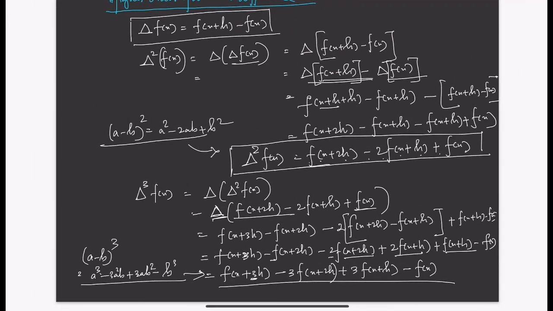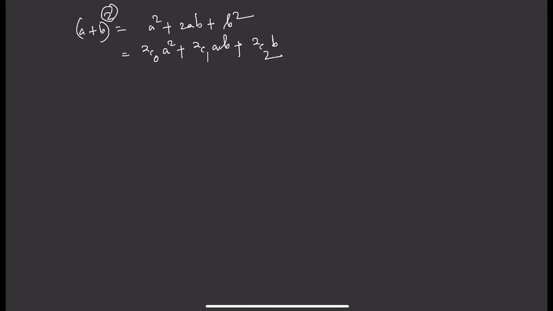So here one general formula is given: a plus b whole square. How are we writing this? This is a square plus 2ab plus b square. You know from permutation and combination, this is nothing but 2C0 into a square plus 2C1 into a into b plus 2C2 into b square.